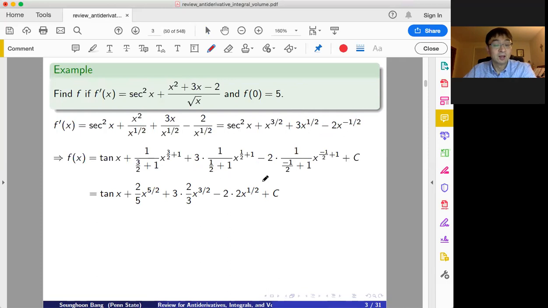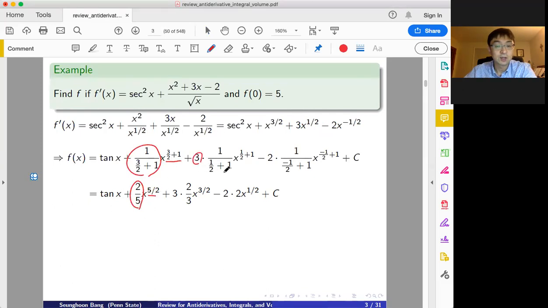To simplify: tangent x plus, simplify this one. This one is exactly the same as 1 over 5/2, so we flip it to 2/5. The 3/2 plus 1 is 5/2.